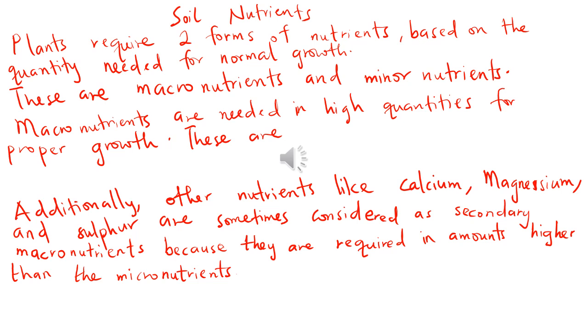We have macro, we have micro. The minor there on the screen is not wrong either. So macronutrients, as the name suggests, macro, are needed by plants in high quantities for proper growth.